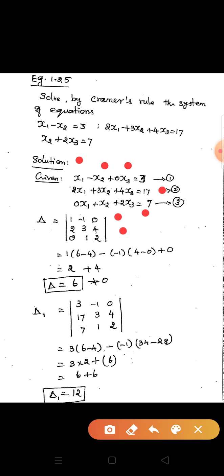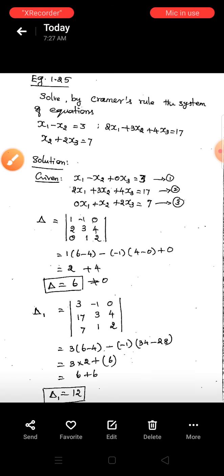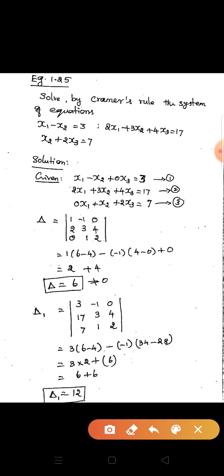Now we are going to find the value of delta by expanding along R1. We take 1 into cross multiplying 3, 2: 3 2s are 6, minus 1 into 4, so 6 minus 4. The second sign is minus, and the value here is minus 1.